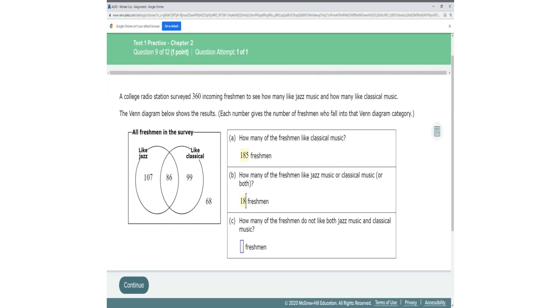How many of the freshmen do not like both jazz music and classical music? First of all, this is a complement when they say do not like both. Which are the ones that like both? There's 86 that like both, right? So what that means is it's the 107, the 99, and the 68, because there's only those that don't like both.